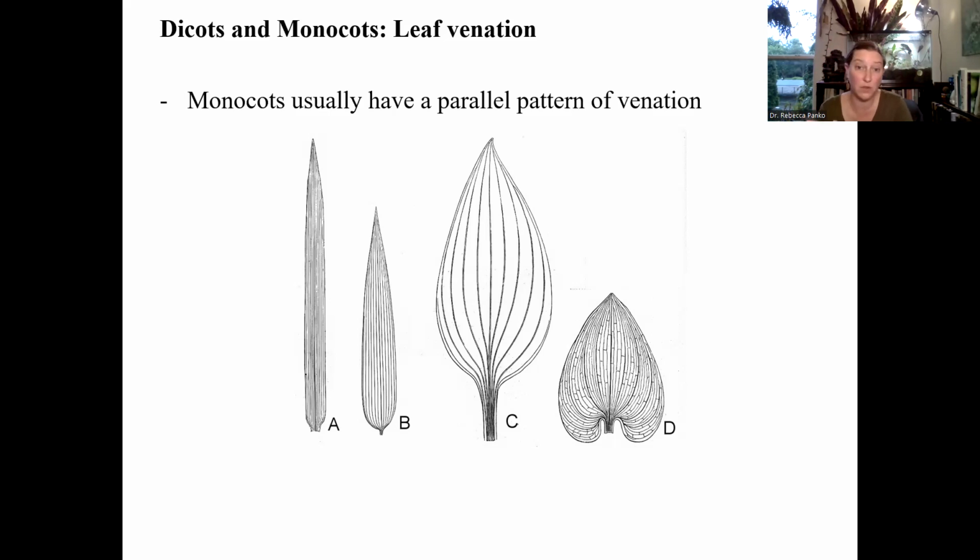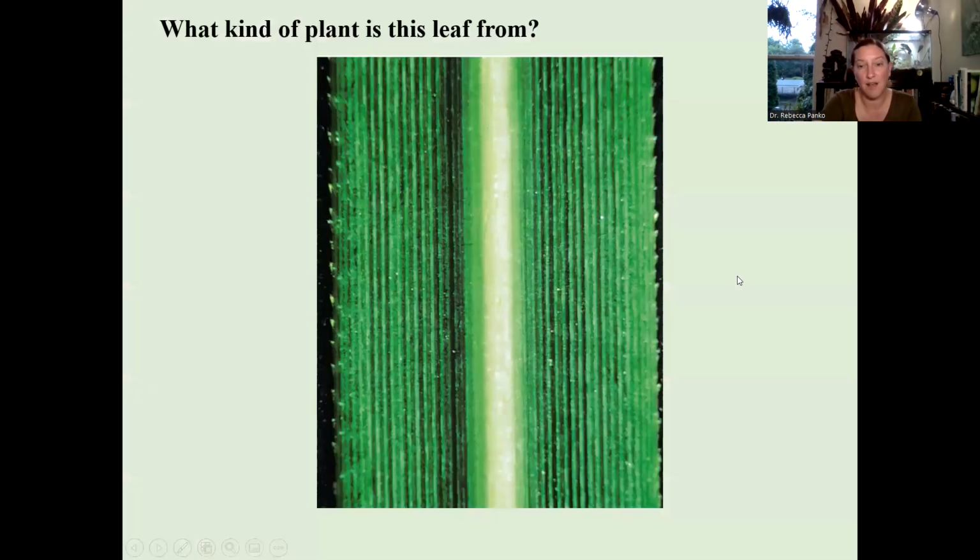But also now I'm giving you the ability to tell whether it's a monocot or a dicot. So you could Google something like, dicot plant with simple opposite leaves, instead of just green plant. So dicots usually have the net-like, monocots usually have parallel.